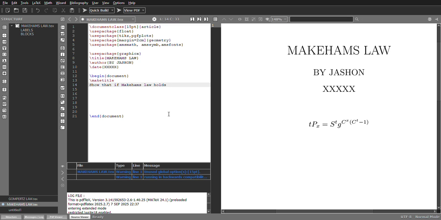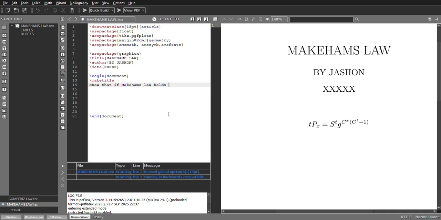And today I would love to take you through Makeham's Law of Mortality. Before we start today's lesson, as usual, I always use and prefer LaTeX.